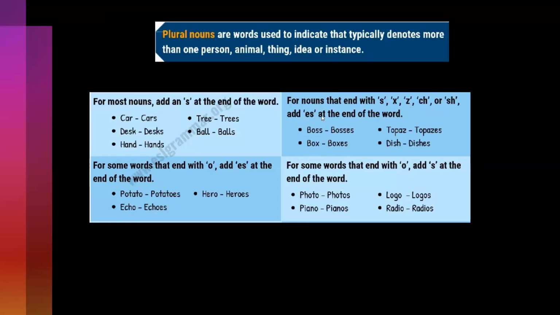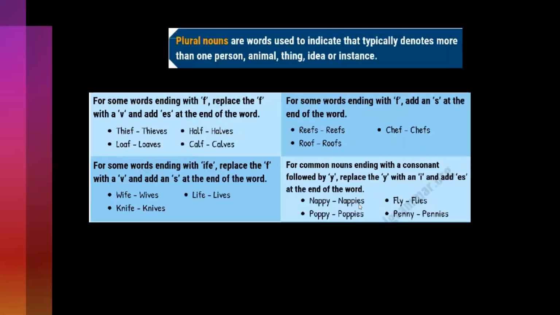For example, bus, buses, dish, dishes. And some nouns ending in O, we only add an S because they come from other languages. For example, photo, photos, piano, pianos, and so on.